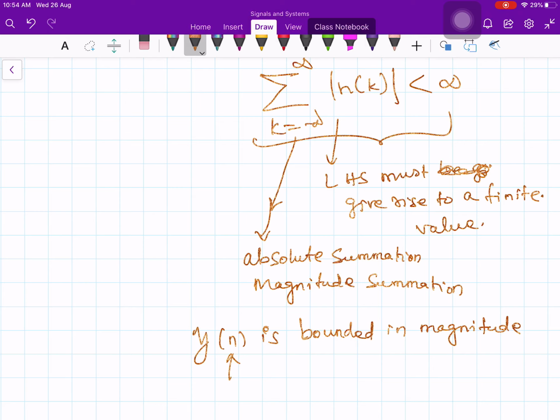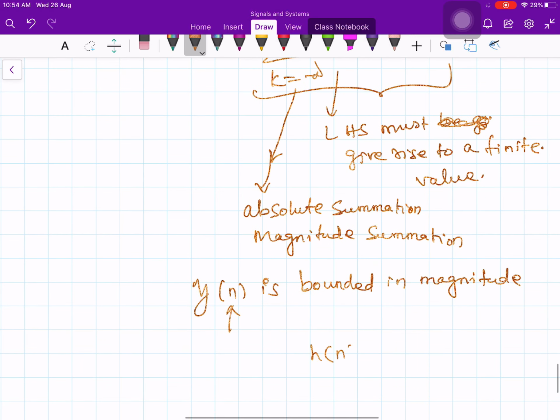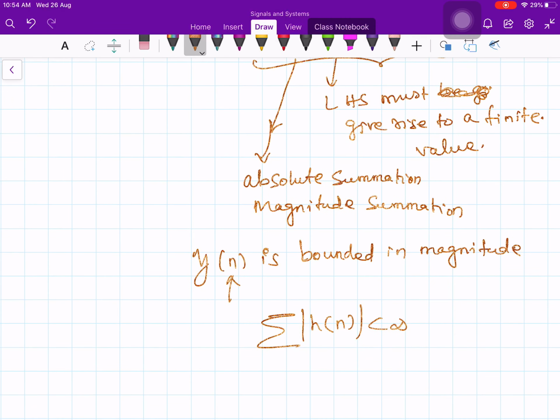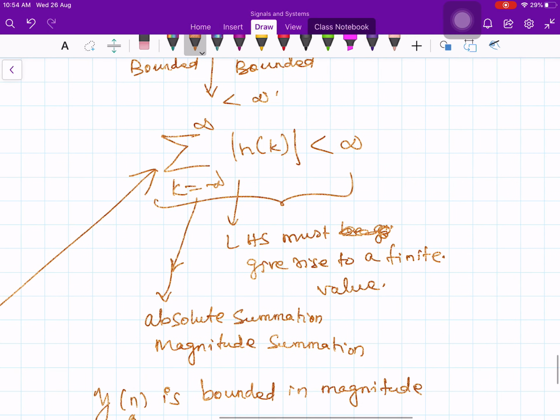Also, we will not simply say h of n is less than infinity, but what we say is absolute summability: h of n should be summable. Therefore, this absolute summability equation is a sufficient condition.